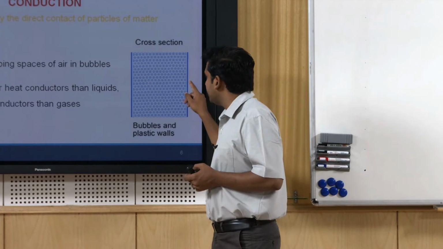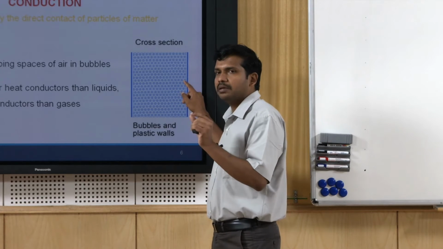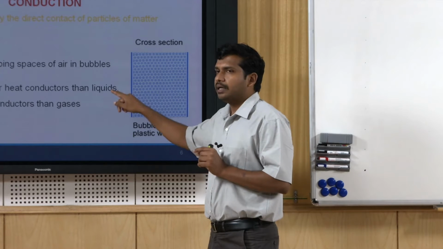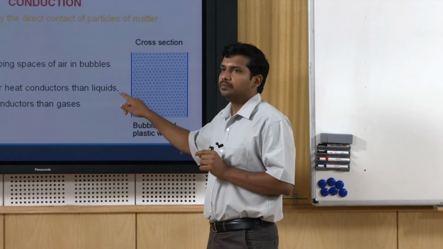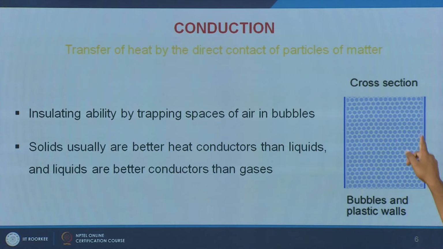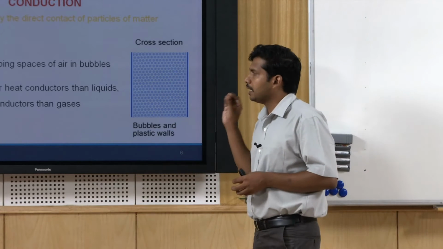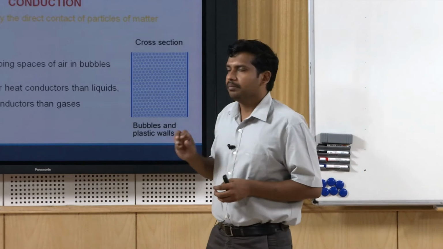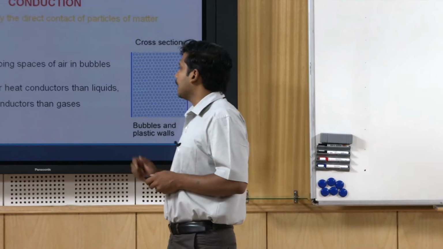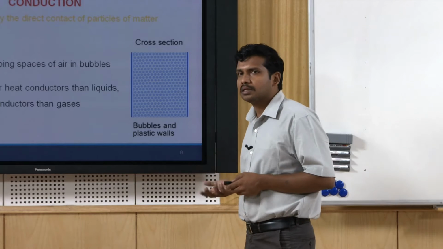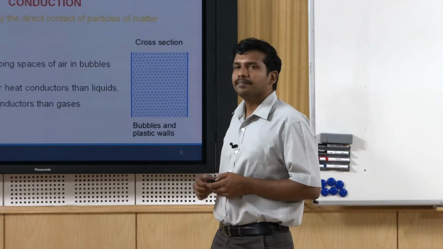First the heat will encounter a cement block, then an air void. So alternately it has to keep transferring from one medium to the other, and there are a lot of losses because of this. So embedding air bubbles makes a lot of difference in conductive heat transfer. Typically solids are better conductors than liquids, and liquids are better conductors than gases.